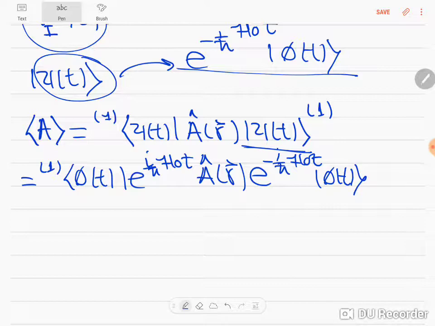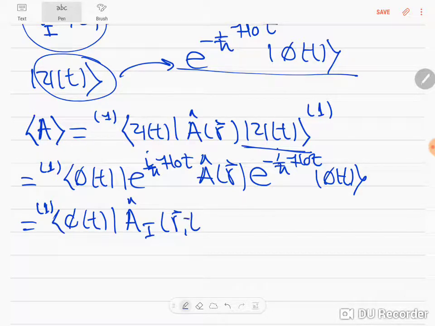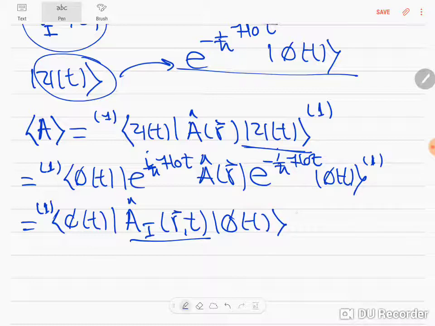Okay, so this is nothing but, to first order, φ(t) A_I(r,t) in the interaction picture, acting on φ(t) to first order.